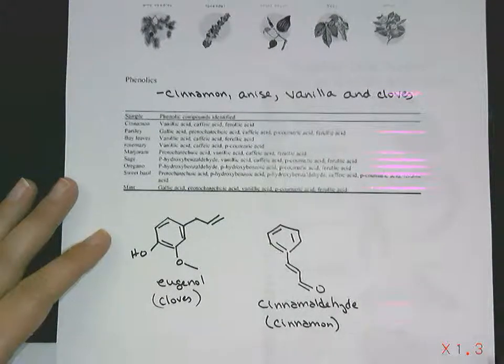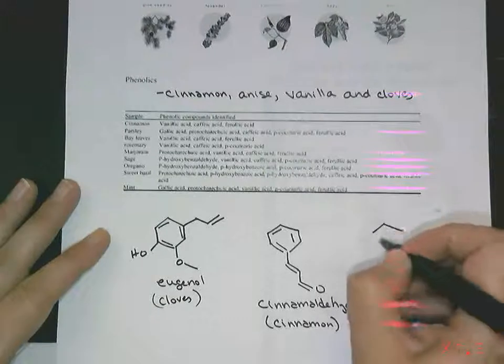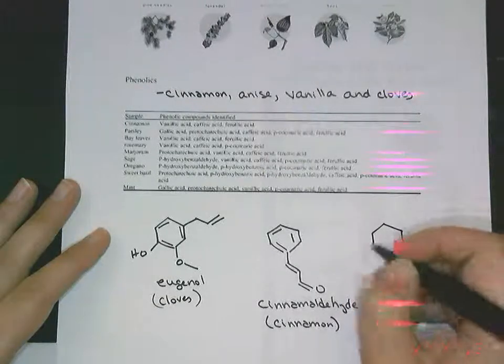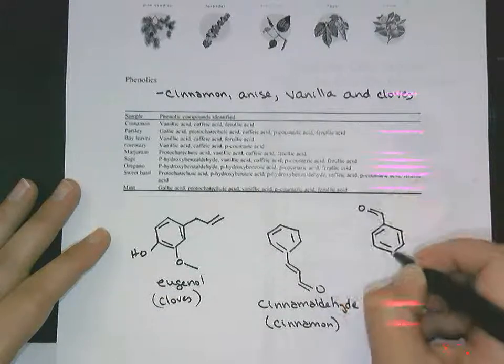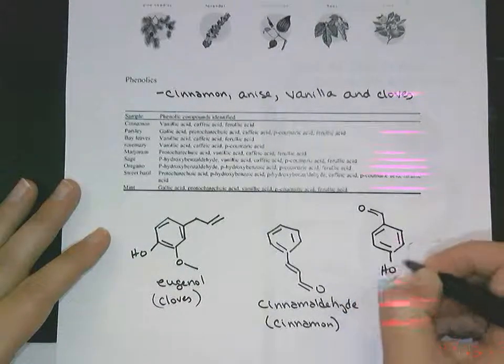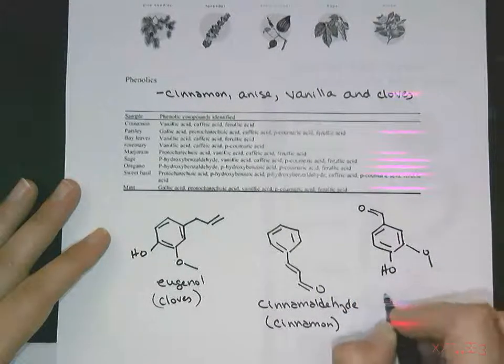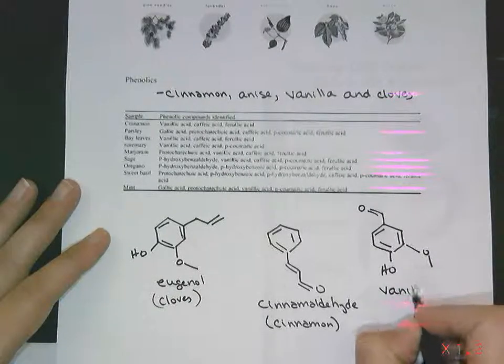And then we also have vanillin, which is the flavor of vanilla.